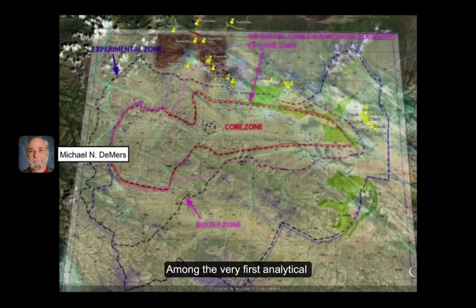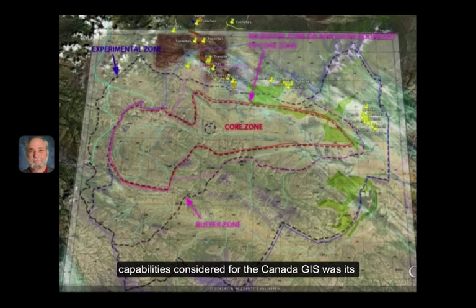Among the very first analytical capabilities considered for the Canada GIS was its ability to overlay maps. One of the things we've discovered through some 2,500 years of geography is that there are many, many patterns that tend to co-occur. In other words, they exist in the same geographic space.